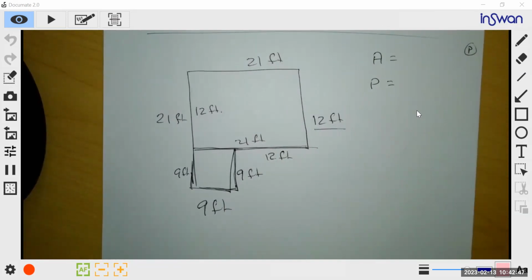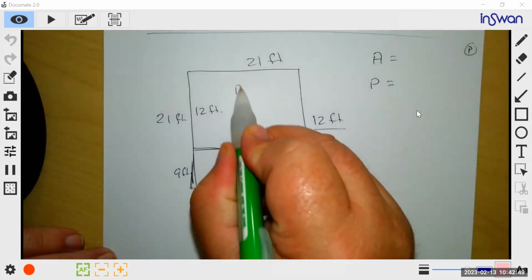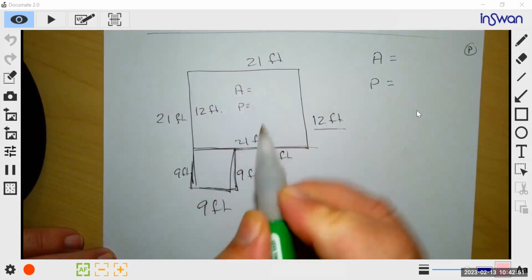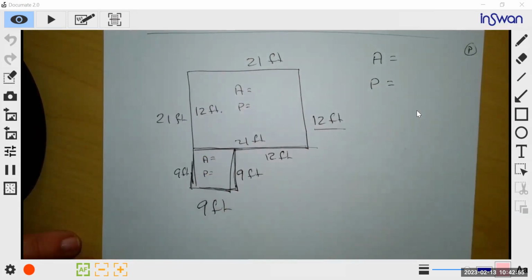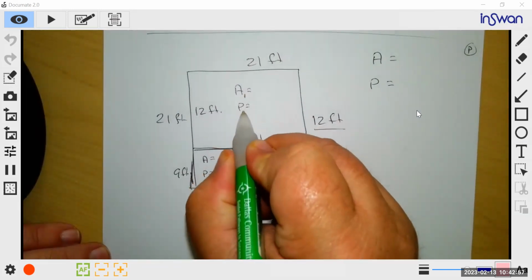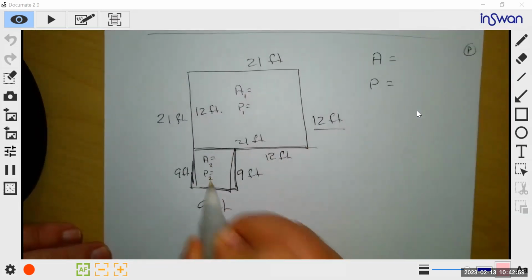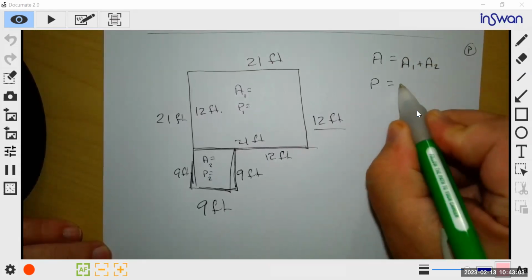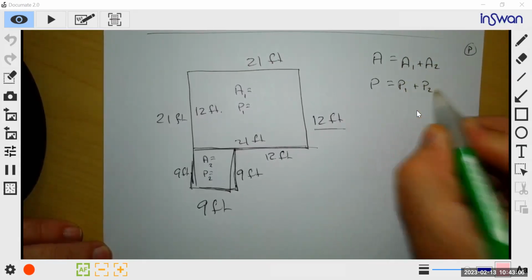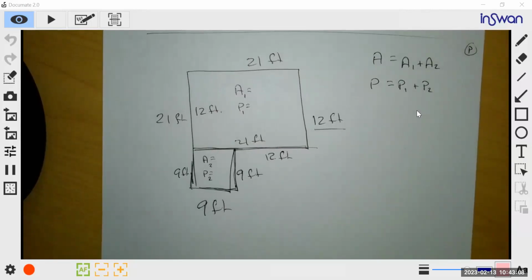So we have two objects that we're looking at. We want to find out the area and perimeter of this object, the area and perimeter of this, and then add them together. This is the first object and this is the second object. So that's what we have to do. So break it down into smaller pieces and then add them together.